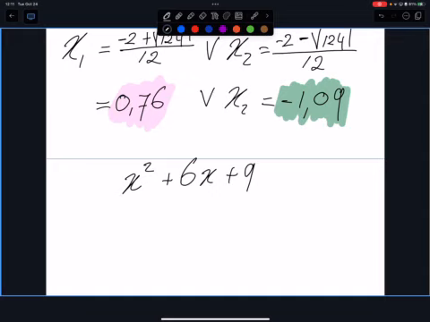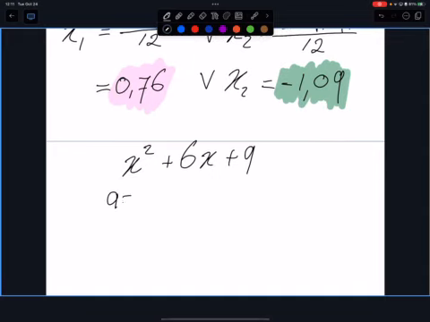Same step. A is 1, B equals 6, C equals 9.